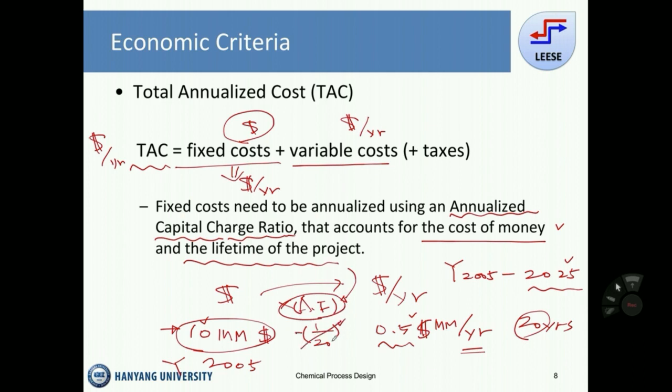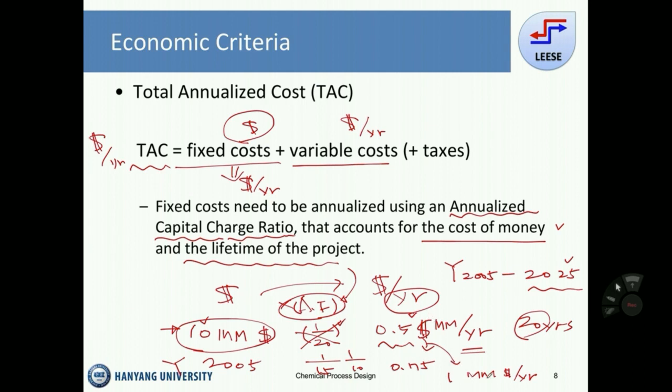So rather than 1/20, maybe 1/15, okay? Maybe 1/10. Then this will be maybe 0.75, maybe $1 million per year. I should take $1 million per year for 20 years. That is probably the fair comparison on an annual basis, okay?